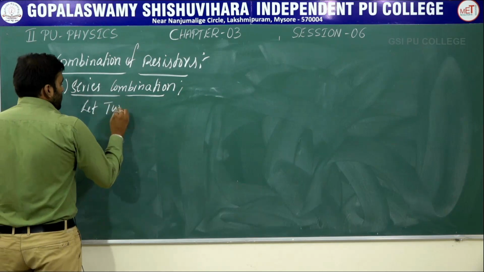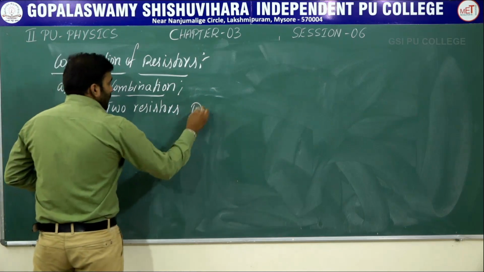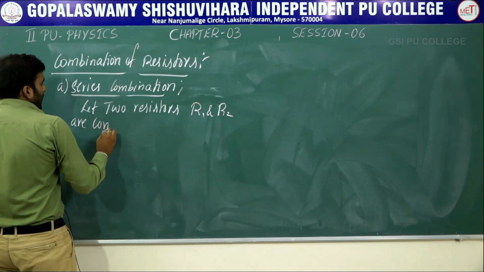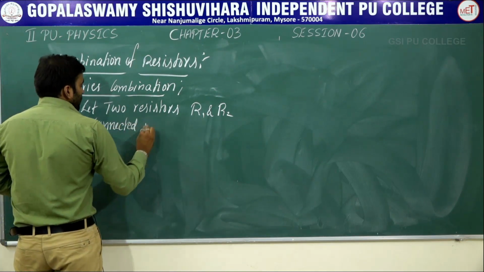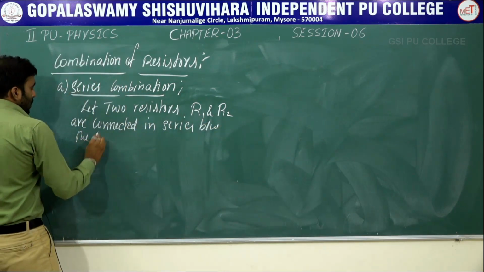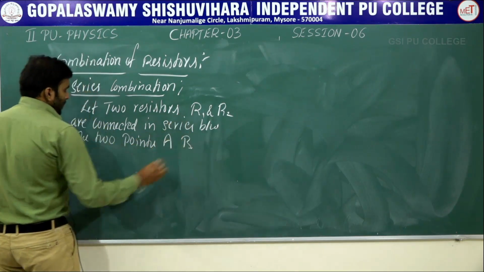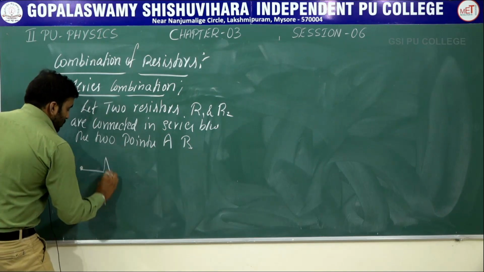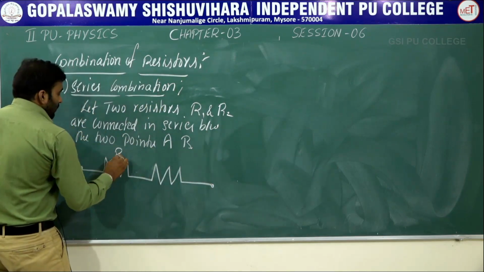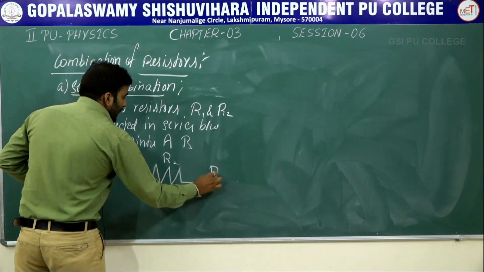Let 2 resistors of resistances R1 and R2 be connected in series between the 2 points A and B. So we have 2 resistors R1 and R2 which are combined in series between A and B.